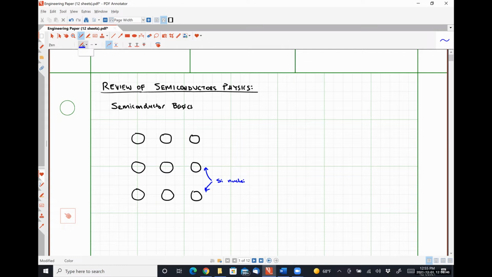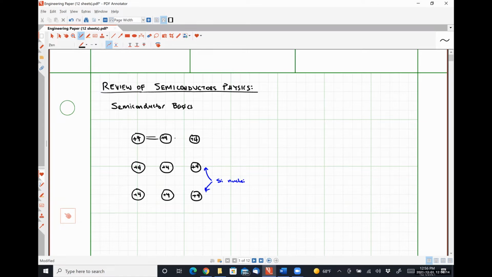Silicon has 4 valence electrons, which means the nuclei should have a charge of +4. And silicon crystal is formed when a silicon atom covalently bonds with 4 of its nearest neighbors.